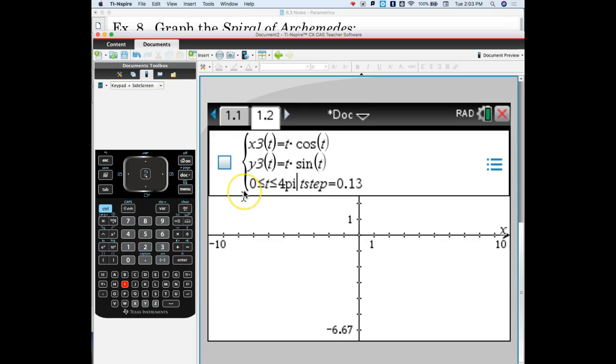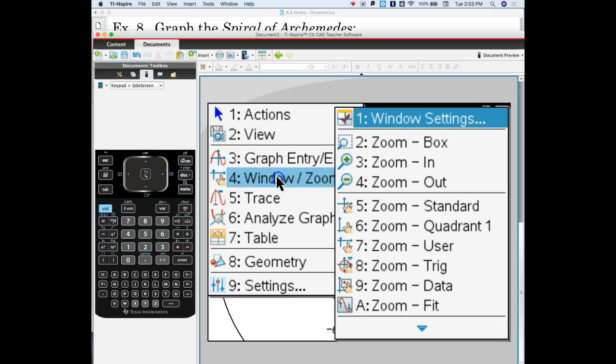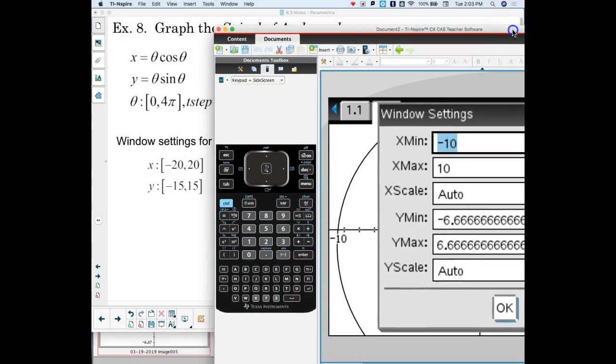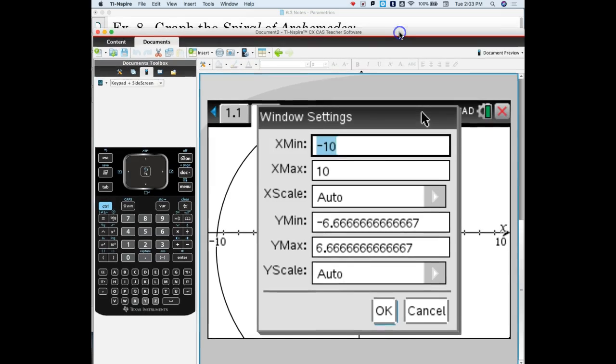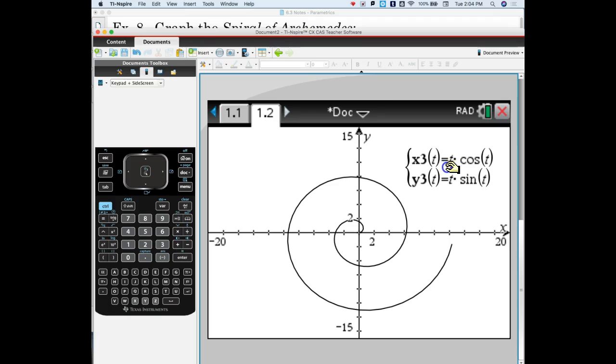I got to hit enter, and then I got to change my window settings. So negative 20, 20, 2, and negative 15, 15, let's go by 2. Oh, snap. Yes.